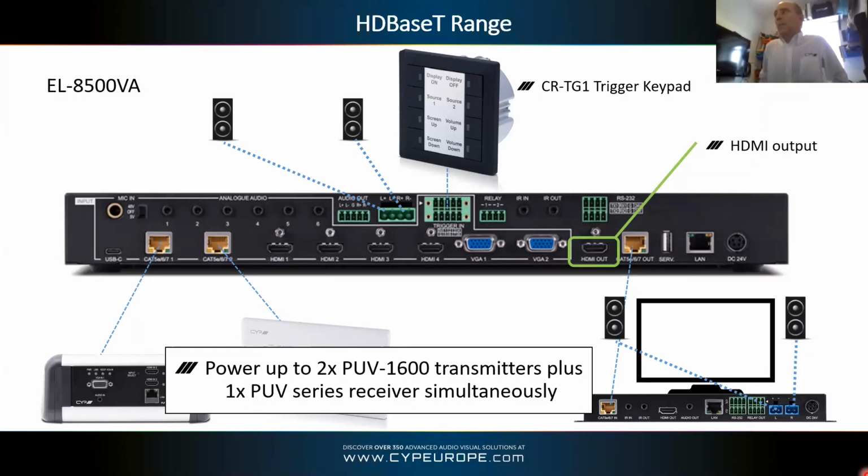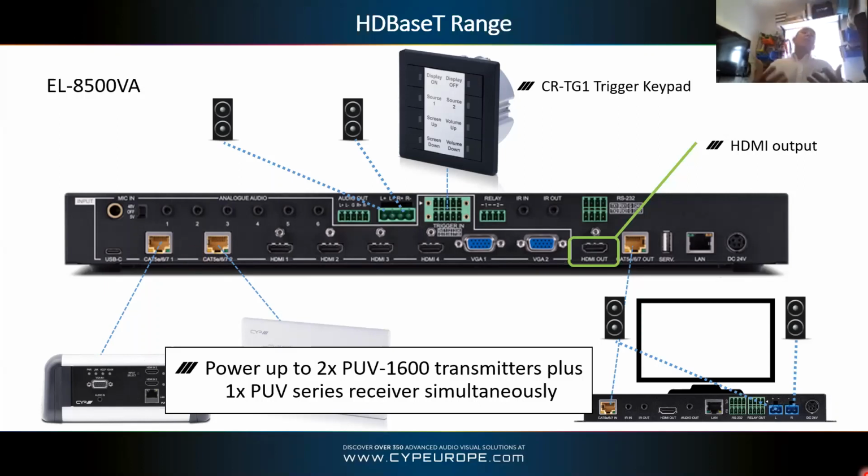EL-8500VA. There is actually just about to be launched an EL-8300VA, which effectively trades out the HDBaseT inputs for an additional HDMI and a DisplayPort input. So it won't have the HDBaseT inputs, and that's coming soon. It will be very cost effective as well. That's exactly the point, isn't it?